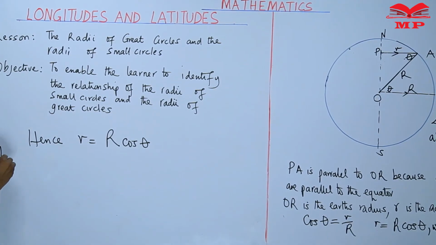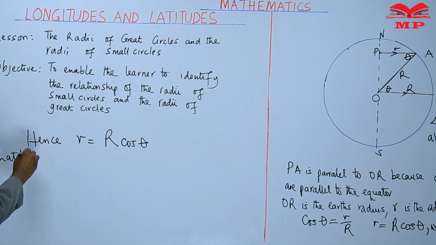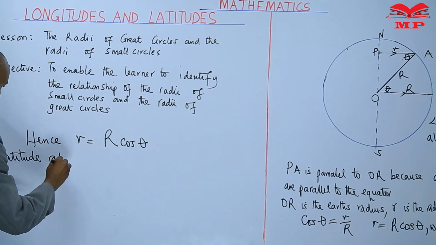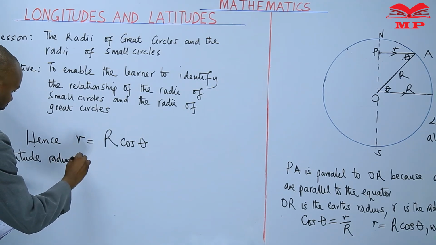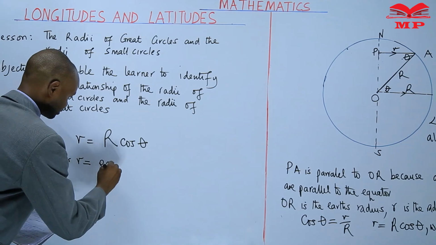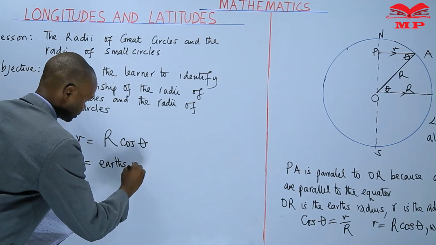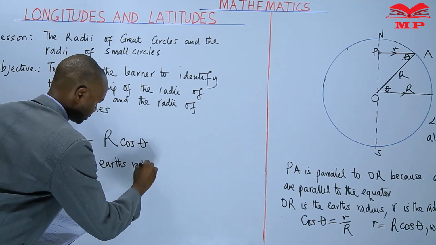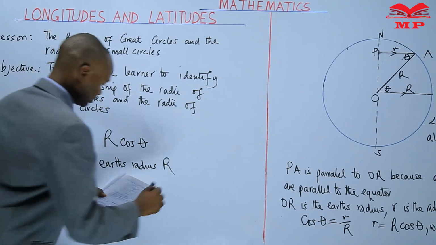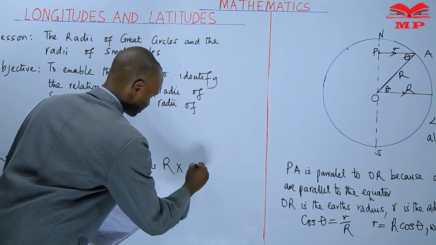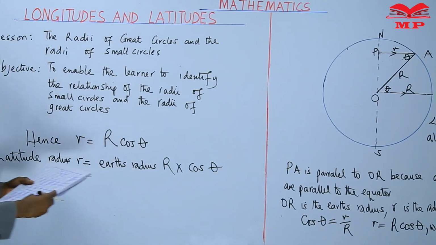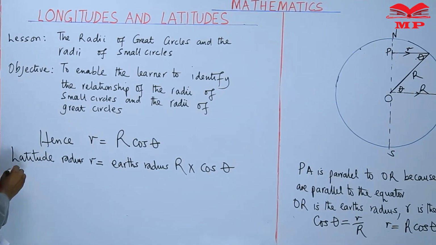So you finally say latitude radius r is equal to Earth's radius R times cosine theta, where theta is the latitude angle.